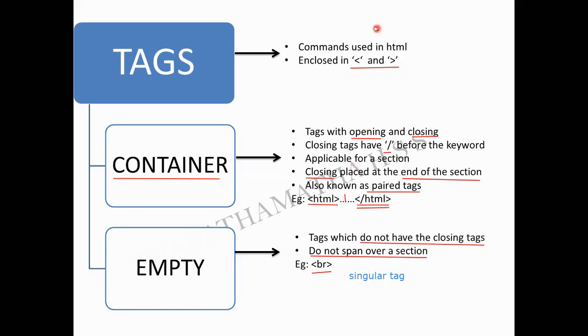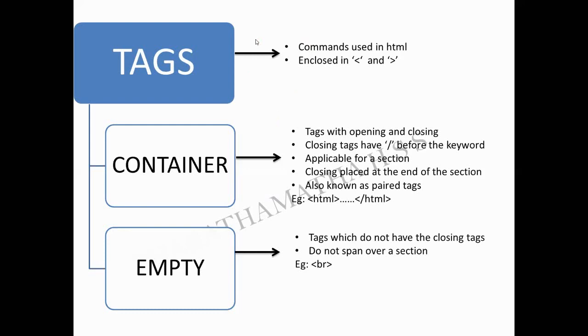Is it clear? So your HTML coding is divided into two segments: one is your head section and the other is your body section. All the codings are written in the form of tags. Tags are classified into two types: the container tag and the empty tag.